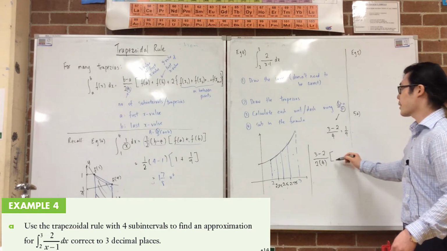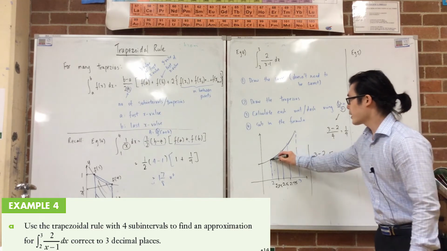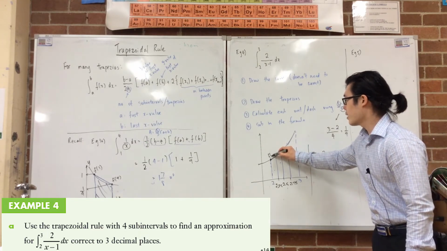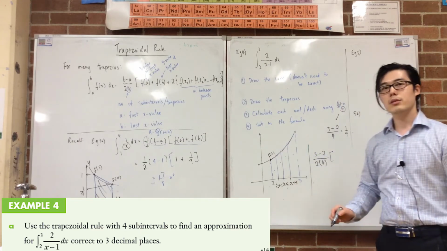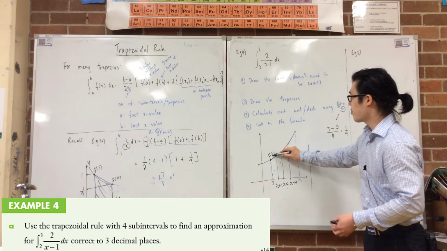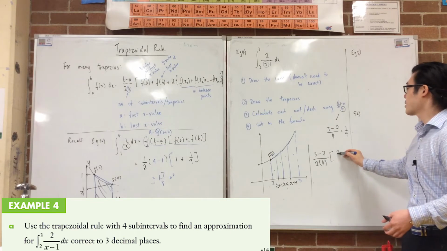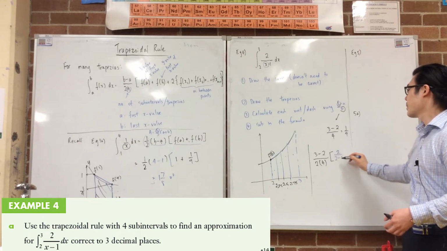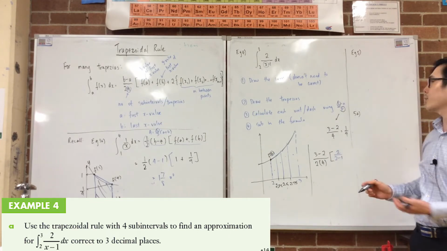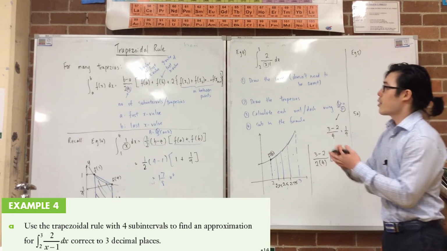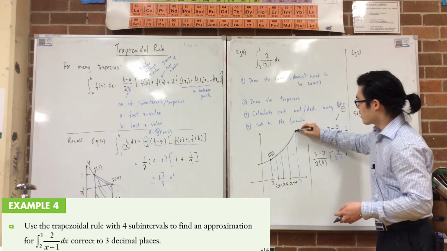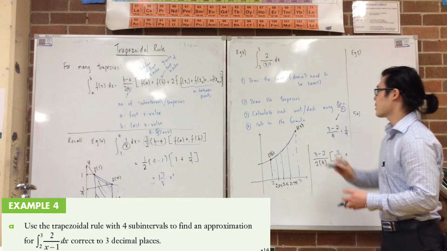Okay, big bracket, f of a, that's the y value at x equals 2. So that just means plug back into the function. In this case, 2 over 2 minus 1, but we'll just write it as it is for now and evaluate everything later. Plus f of b, that's the last one, so the y value at x equals 3.